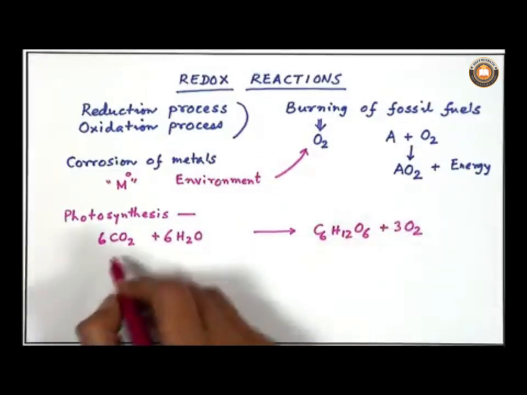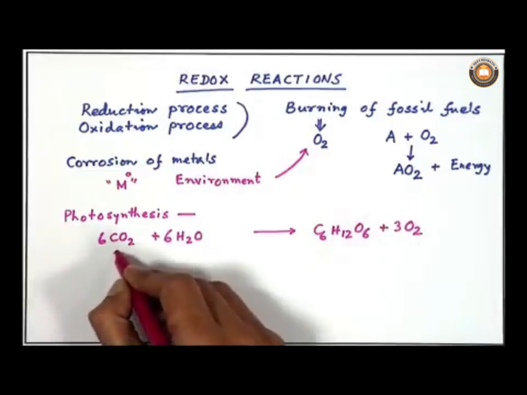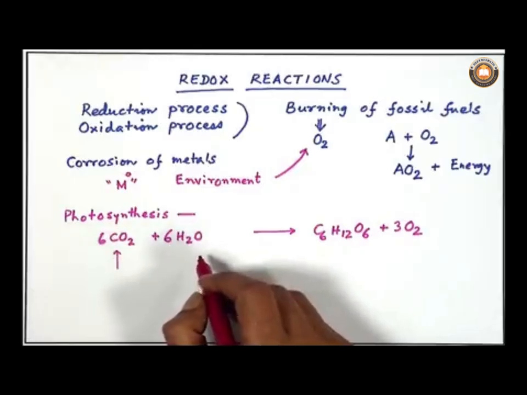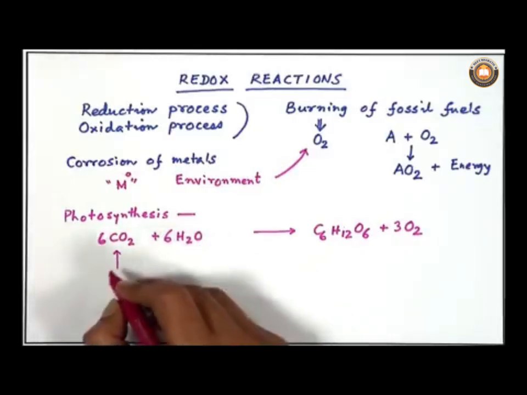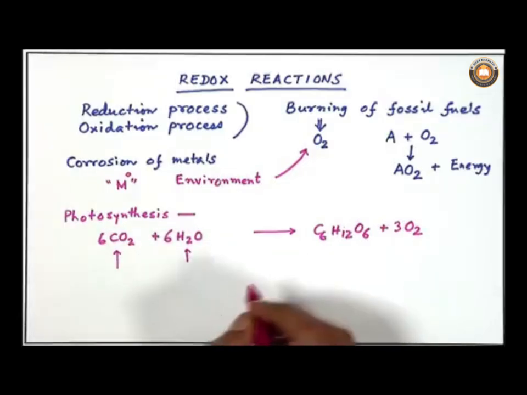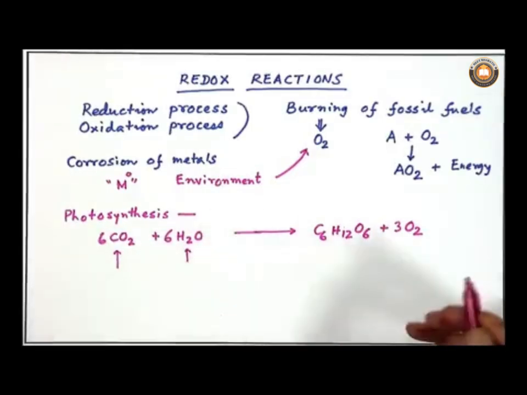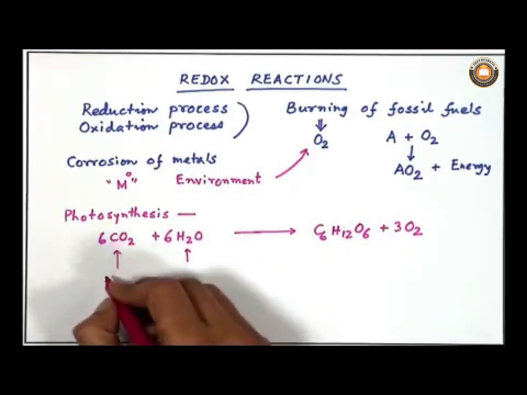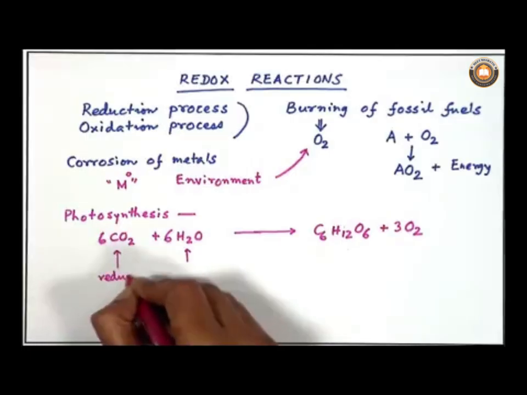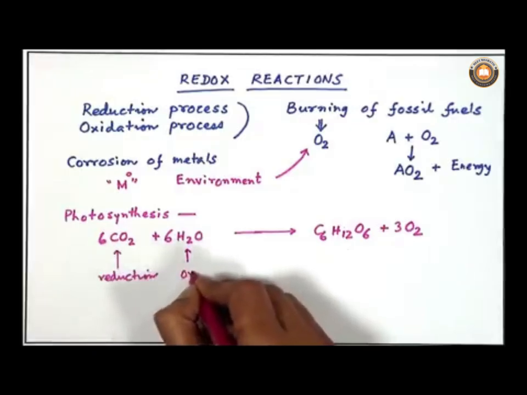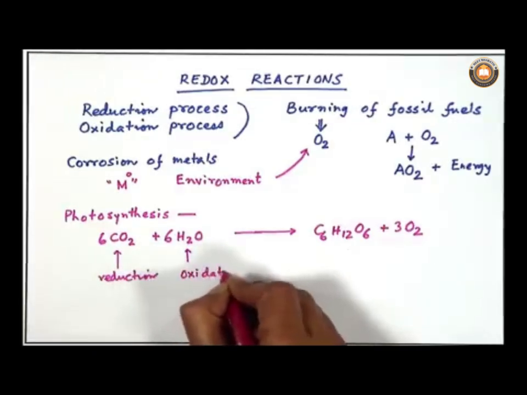So, in this process, what we see is again a very simple process in terms of its oxidation and reduction, where CO2 and water molecules take part actively to give us the corresponding C6H12O6, where the CO2 molecule is undergoing reduction and the water molecule is undergoing oxidation.